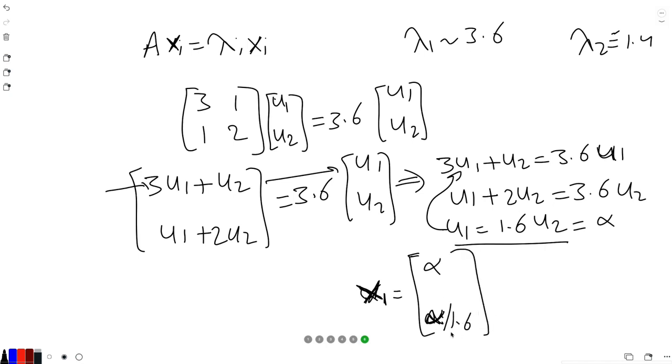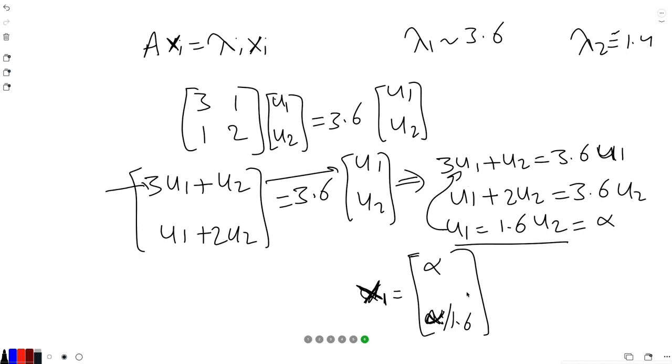So this will be the first eigenvector. Now, if you substitute u1 equals 1.6 u2 in the other equation, you will have the same ratio. Why? Because these equations are singular, so both of them are linearly dependent.